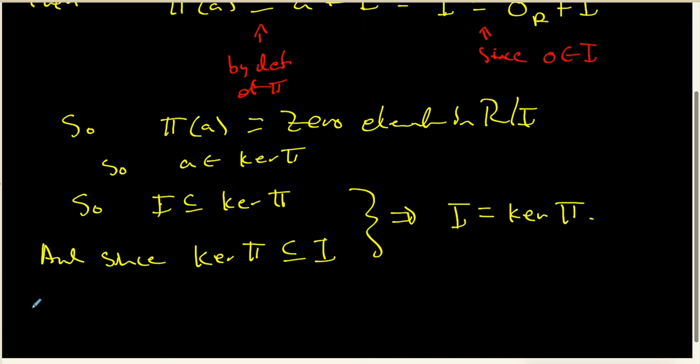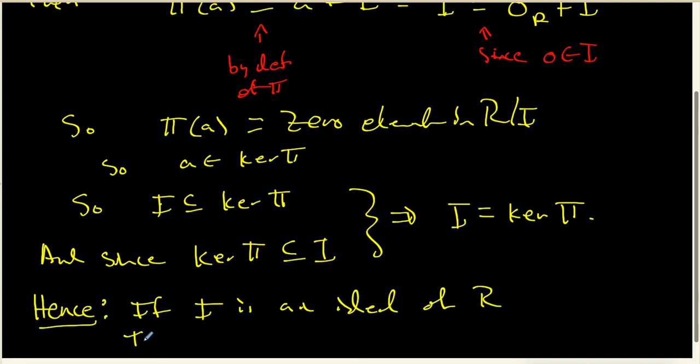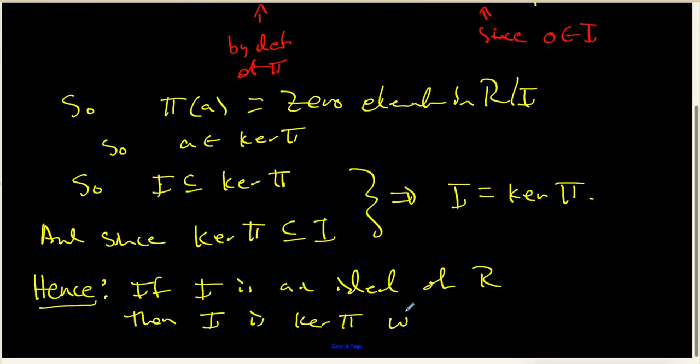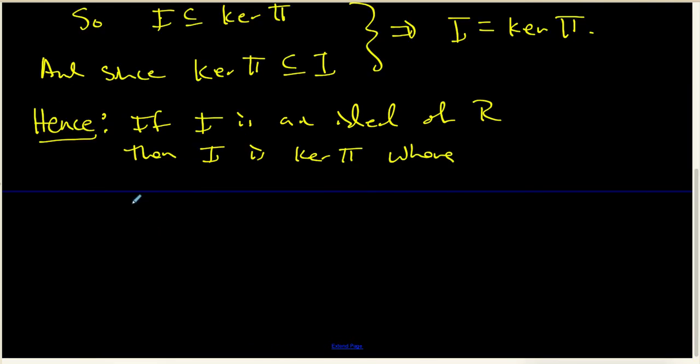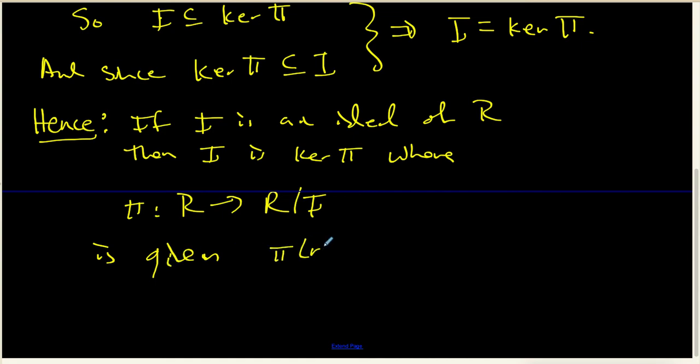And so what we now have is this very important fact. If I is an ideal of a ring R, then I is indeed the kernel of pi, where pi is defined as the map from R to R mod I, and is given by pi of r is equal to r plus I.